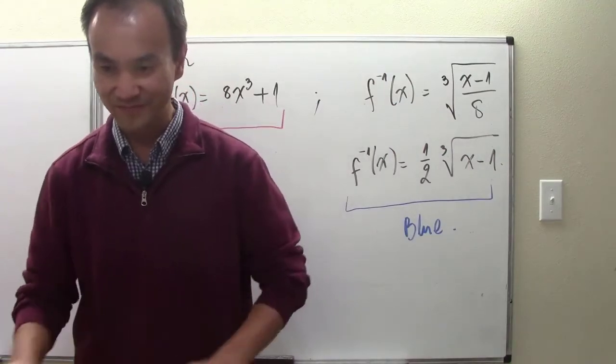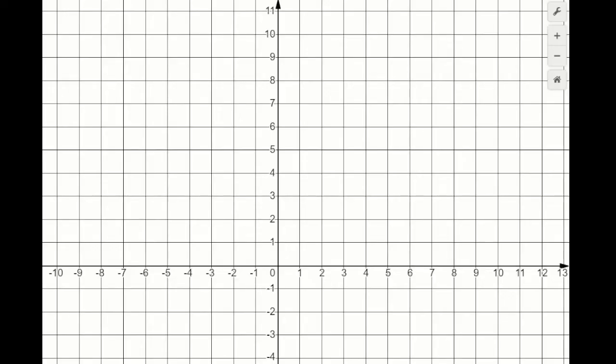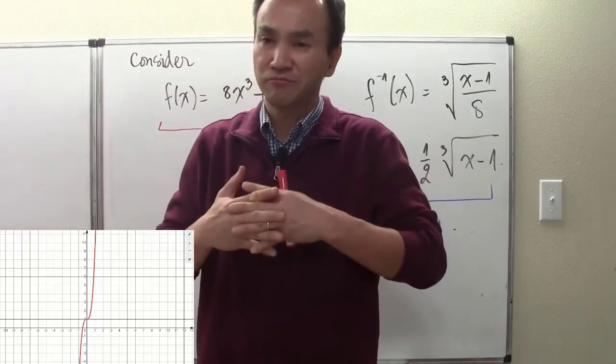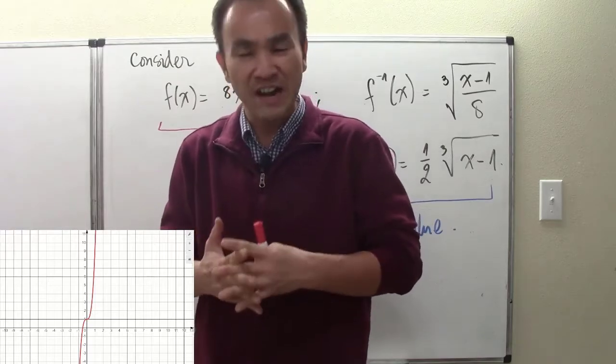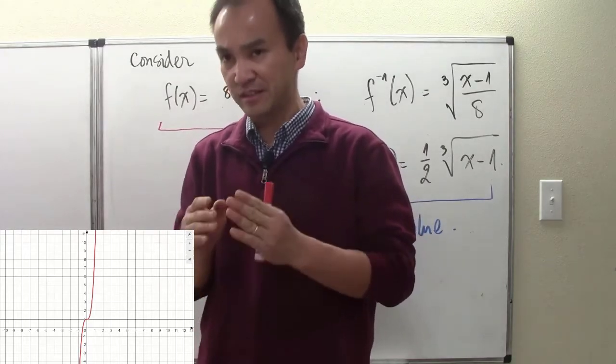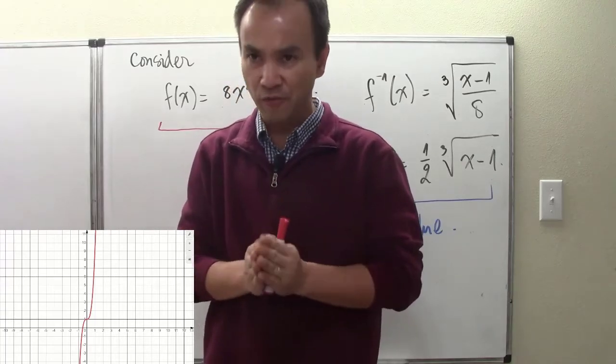And so now, on my graphing screen right here, this is, according to Desmos, the graph for the function 8x cubed plus 1. You don't need to worry about how we graph, and in the worst case that you don't have any technology, you can easily construct your table of values.